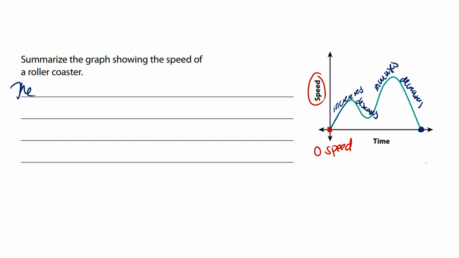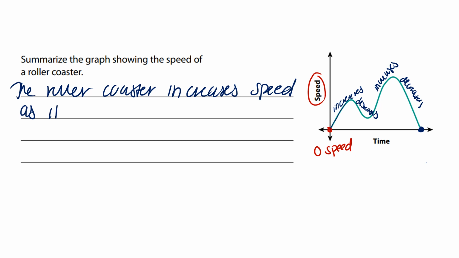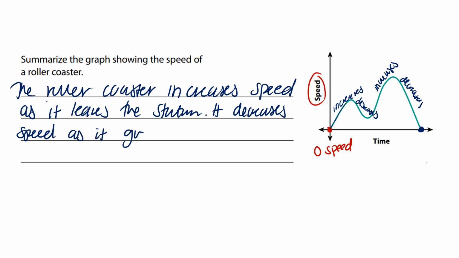We're going to say that the roller coaster increases speed as it leaves the station. It decreases speed as it goes uphill.